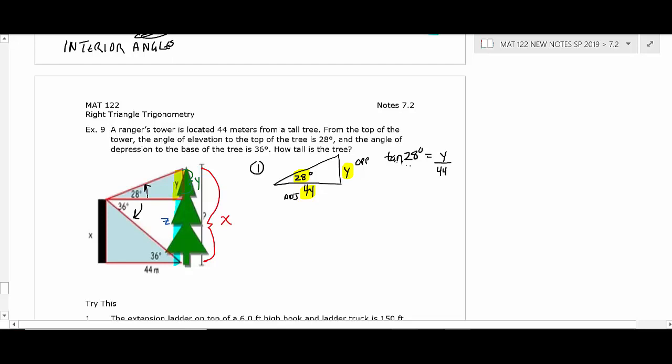There's a basic proportion, so cross multiply. We're going to have 44 times tangent of 28 equals y times 1, or y. Then we divide both sides by tangent of 28, and we'll have approximately what y is when we go to the calculator.